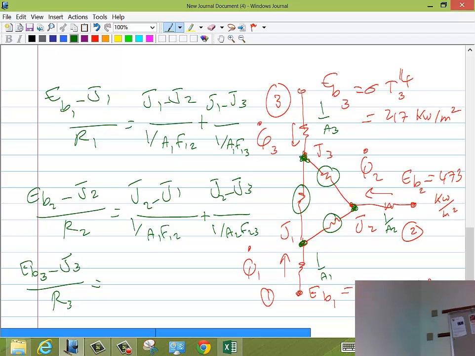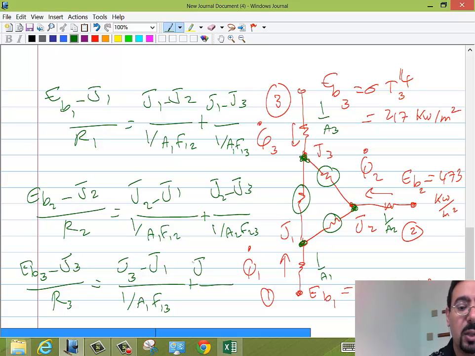J3 minus J1 over the resistance, 1 over area 1 F13. And this Q will be J3 minus J2 over that resistance. Okay? So this would be J3 minus J1 over 1 over area 1 F13 plus J3 minus J2 over 1 over area 2 F23.